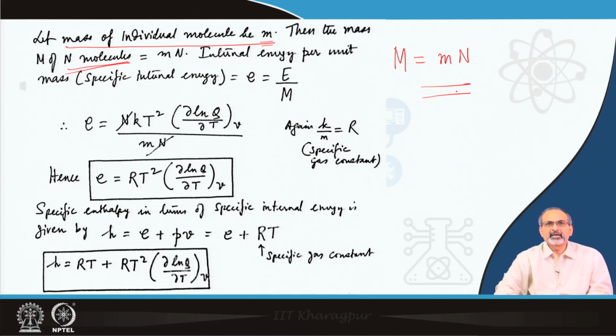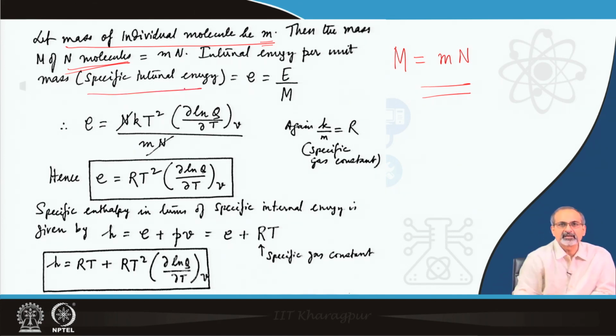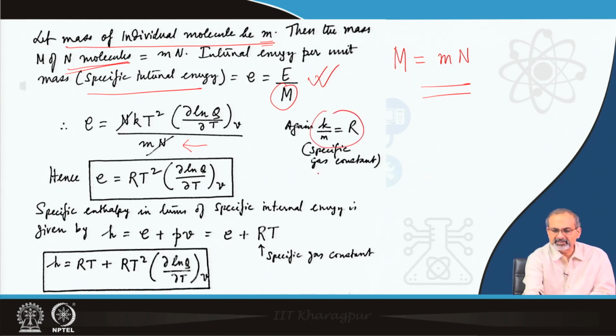From this you can get the internal energy per unit mass, which is nothing but the specific internal energy, and that can be given by capital E by M, the capital M being represented by the product of small m and capital N. Again, the ratio k by m gives you the specific gas constant. Therefore, through this you get an expression for the specific internal energy.